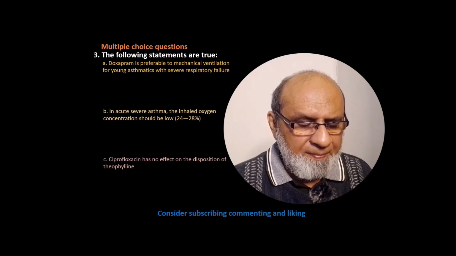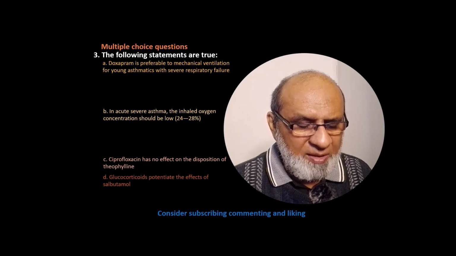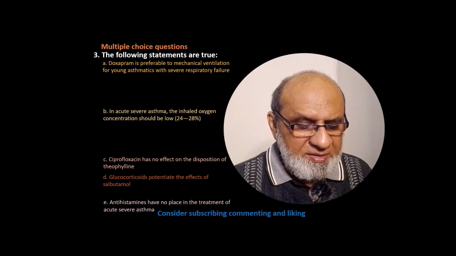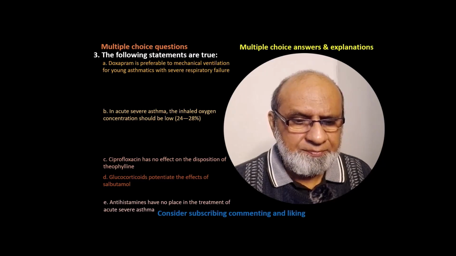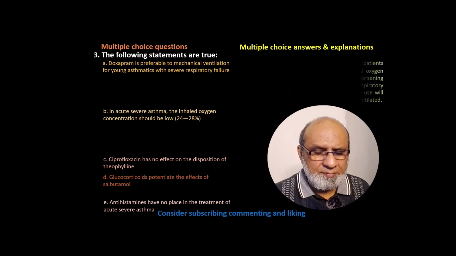Part C, ciprofloxacin has no effect on the disposition of theophylline. Part D, glucocorticoids potentiate the effects of salbutamol. Part E, antihistamines have no place in the treatment of acute severe asthma. Let's discuss the multiple choice answers and explanations.